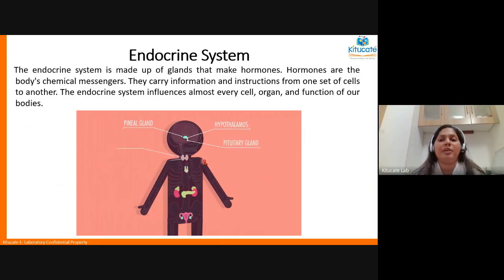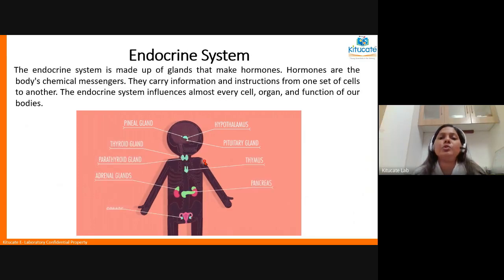The same way, every gland produces its own chemical, and the way insulin regulates the amount of glucose in our body, the other chemicals produced by other endocrine glands take care of the functioning of other organs of our body.